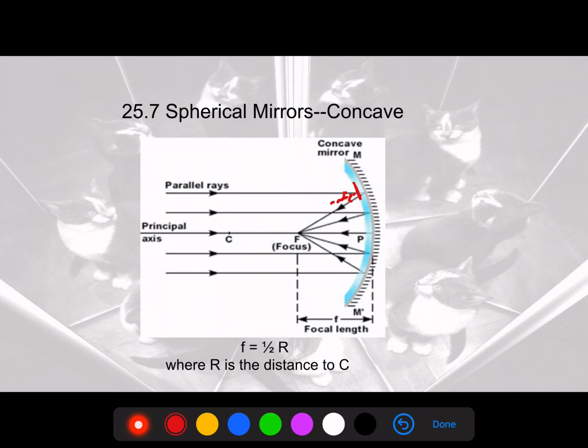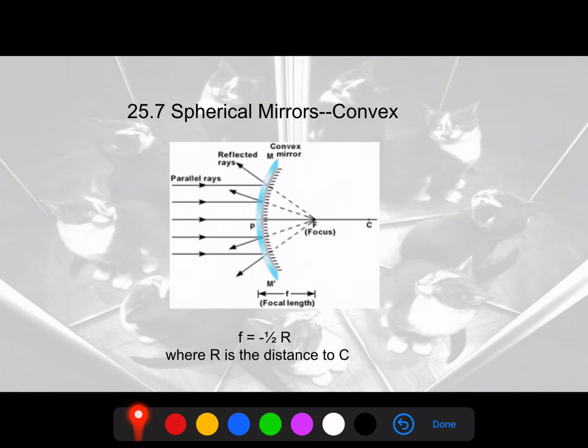If I do the same thing with this next ray of light, with another little tangent line and another normal, I would find that the angle of incidence equals the angle of reflection there. I could go all the way around the concave surface and do that, and as I follow where each of those paths take me, I will find that all of these rays ultimately converge at this point here, which I will call the focus. It turns out that this focus is going to be half of the radius of curvature. That is half the distance to the center of curvature.